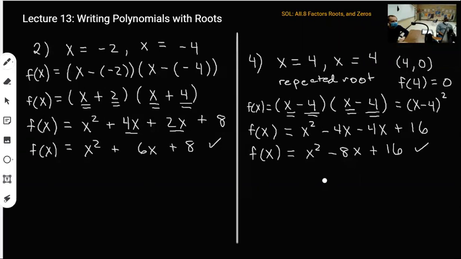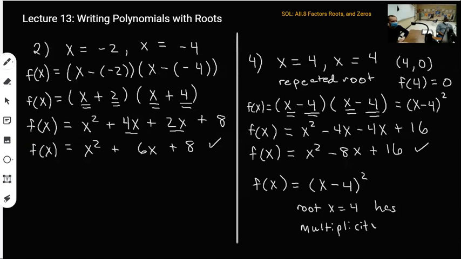And what you could say about this is, since you know that you can factor this as x minus 4 squared, you can say that the root x equals 4 has a multiplicity of 2. Multiplicity. Did I spell that right?